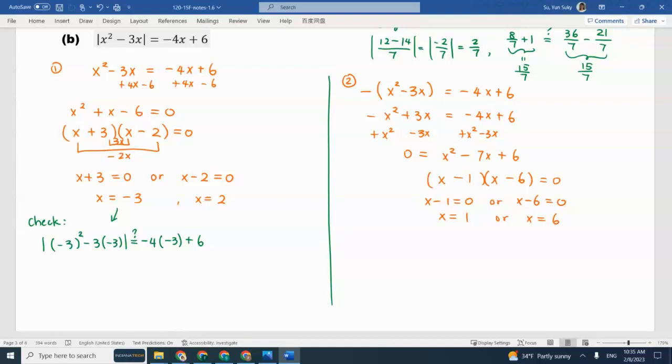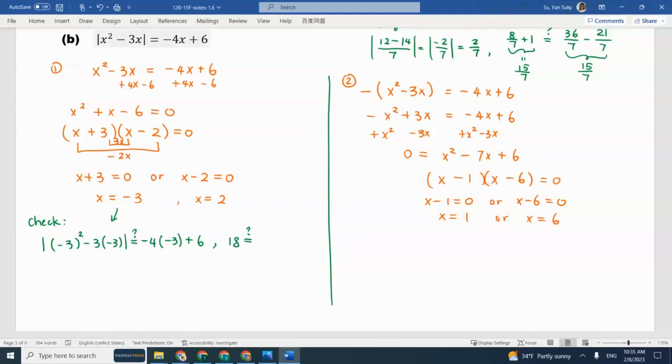Okay, next student. Negative 3 squared is 9. Negative 3 times negative 3 is 9. 9 plus 9, 18. So the left-hand side is 18, right?